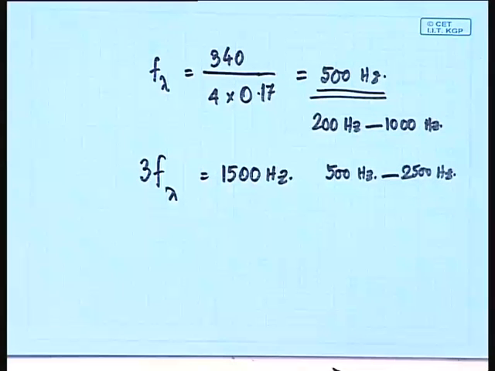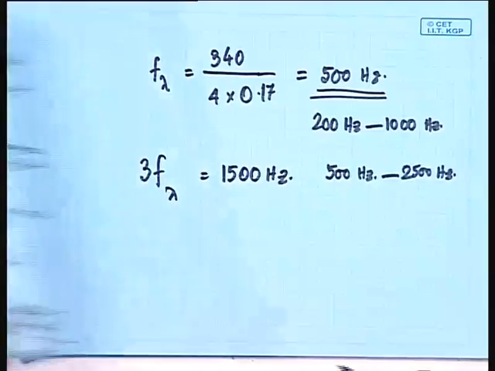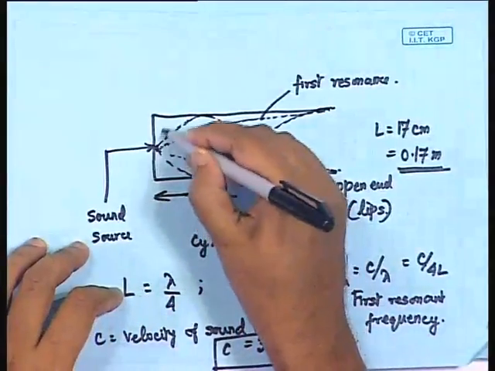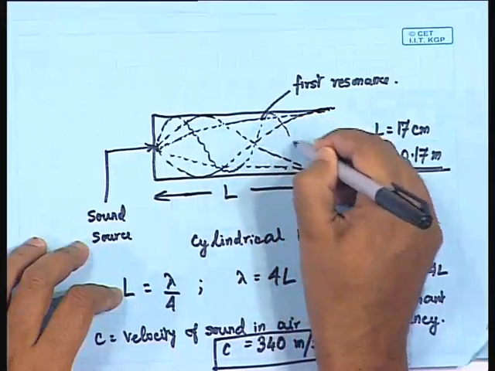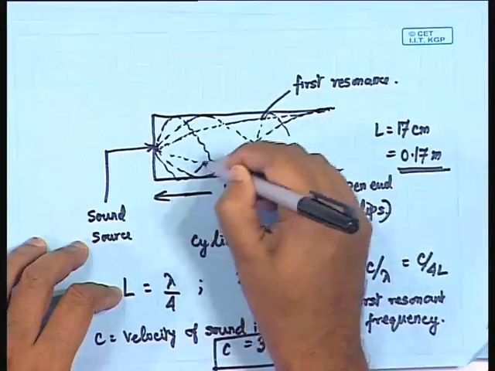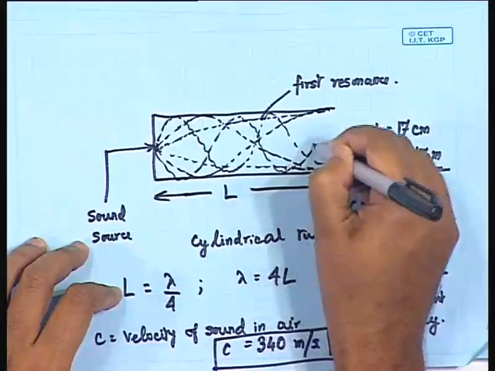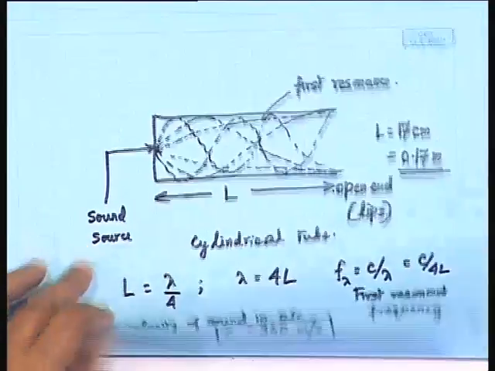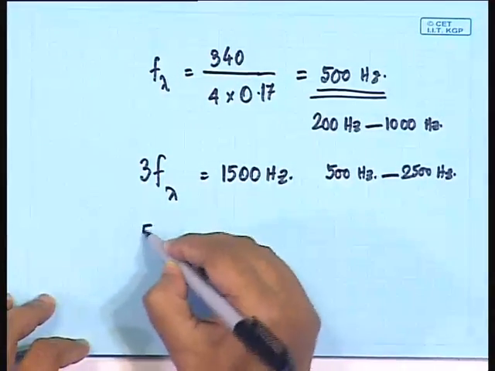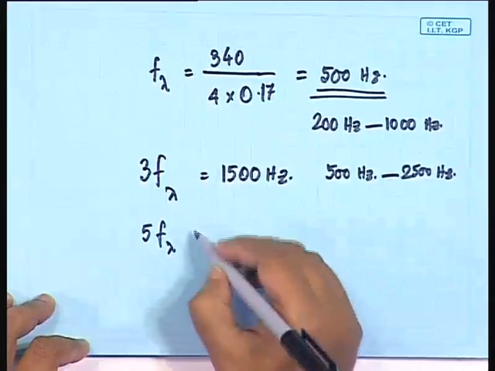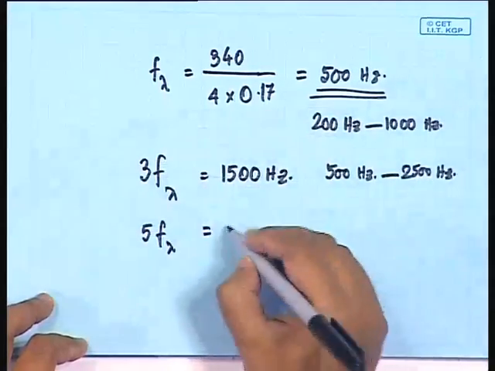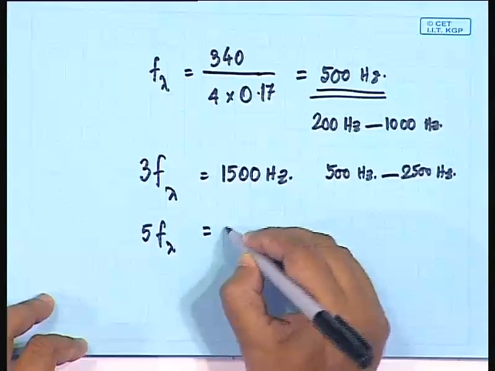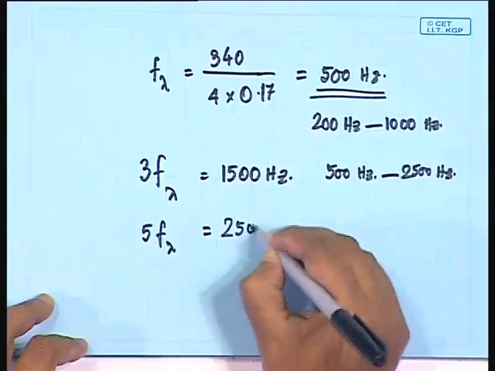The next resonant will occur at the 5th harmonic. So, there you can imagine that we will be having a distribution like this. And corresponding to that, we will be having the resonant frequency occurring at 5 times f lambda, which according to this calculation, assuming these values, is equal to 2500 hertz.